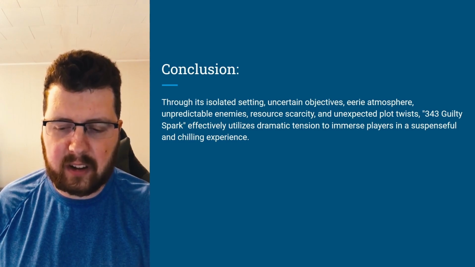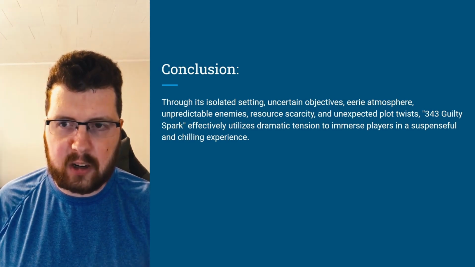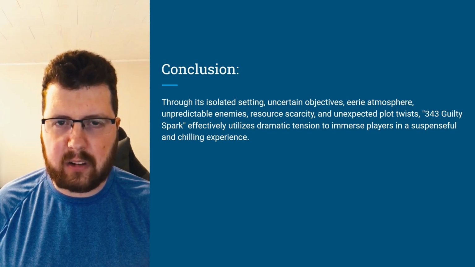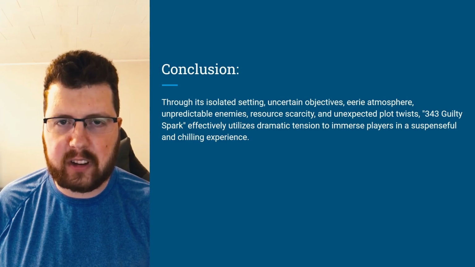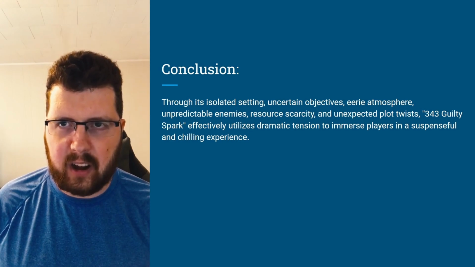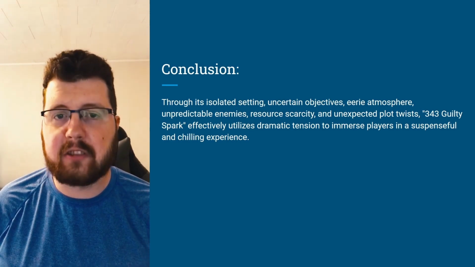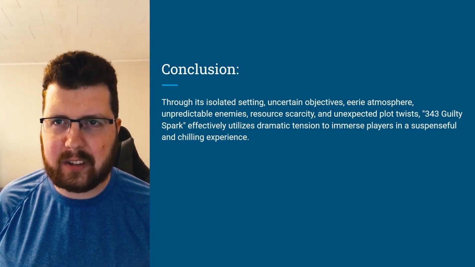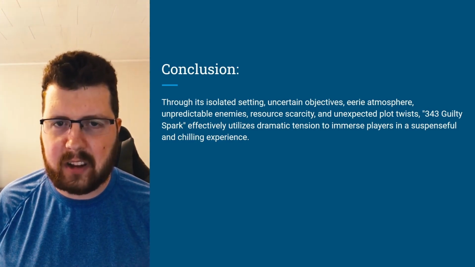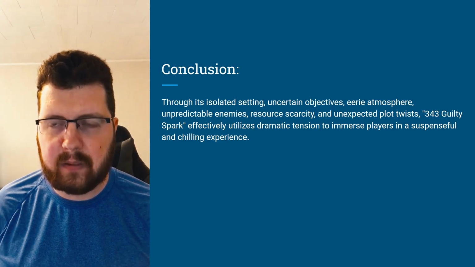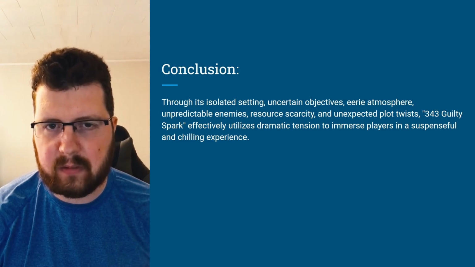I don't know if that's Installation 04, or if Installation 04 is the place that when you actually meet 343 Guilty Spark he transports you to. And I think it's that last one. So if that's the case, then that first bit of information there is wrong. However, I'm going to leave it in because ultimately it doesn't really affect what I'm trying to get across here. All right, so let's go.